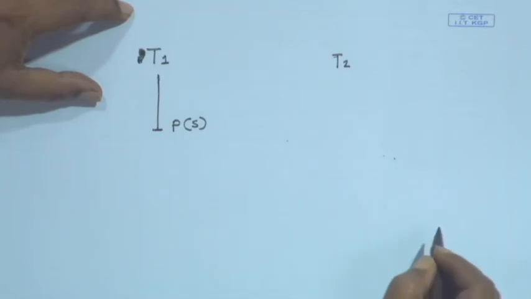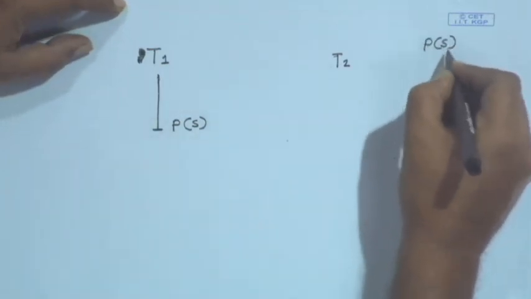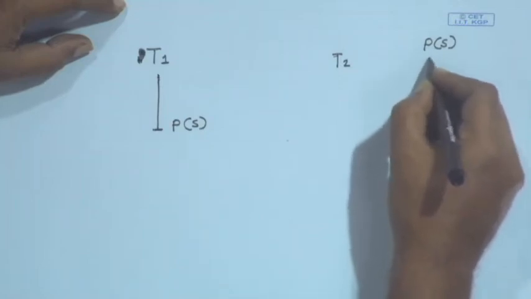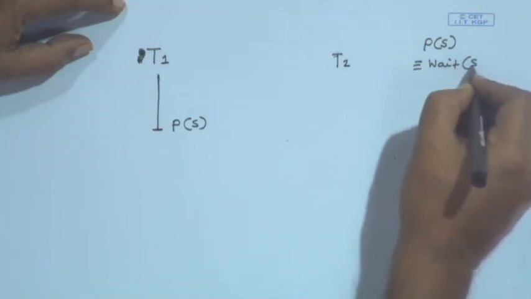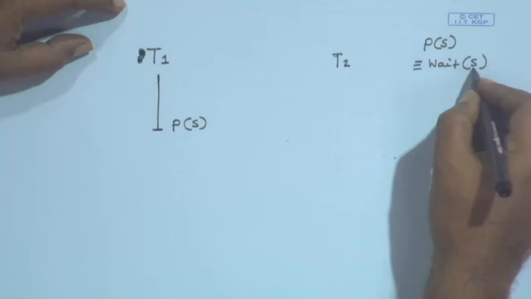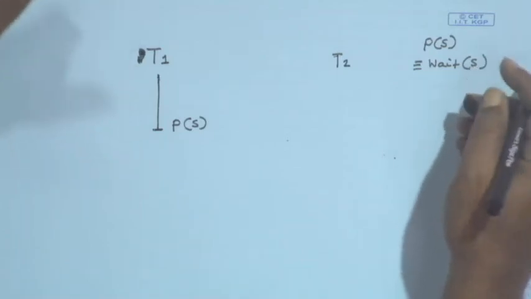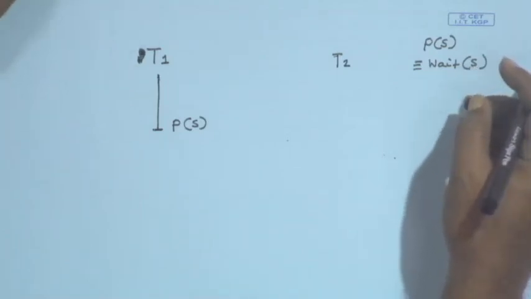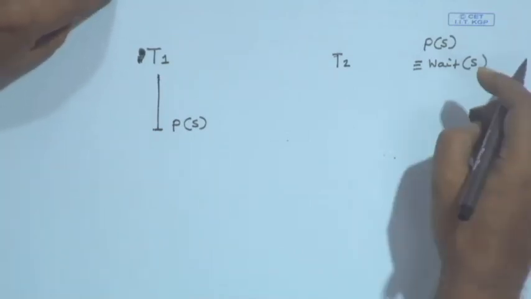P means the wait operation, P S, where S is a semaphore, is equivalent to wait on S. And you know that this semaphore is nothing but an integer on which only two atomic operations are applicable, only two, and they are signal and wait.